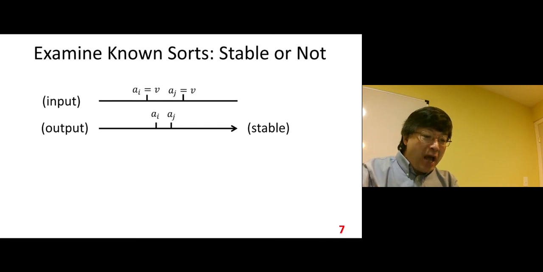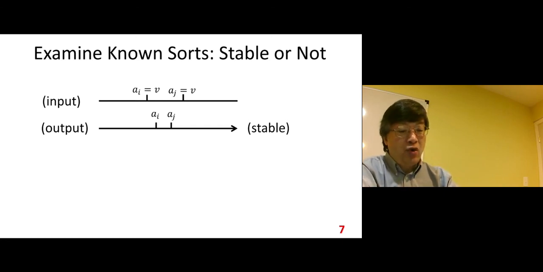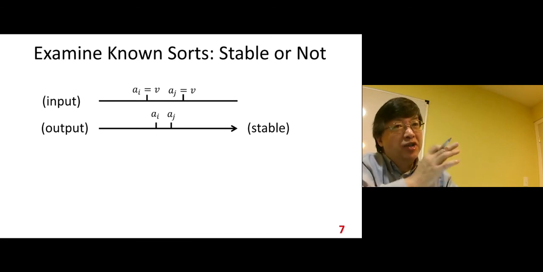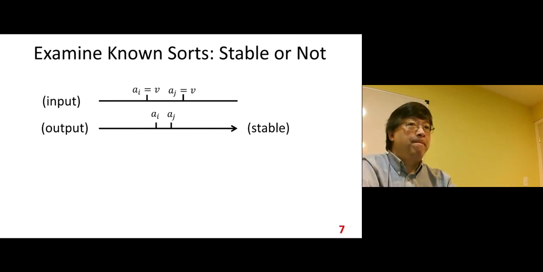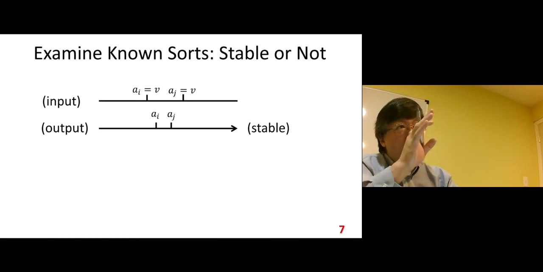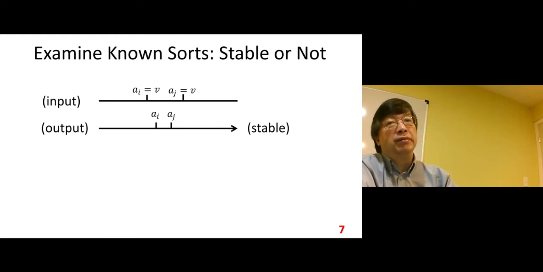So now let's examine whether the known sorts are stable or not. Let's look at the reason why we get stable or non-stable. What is the key reason? After we know that, then we can easily check if a sorting algorithm is stable or not.